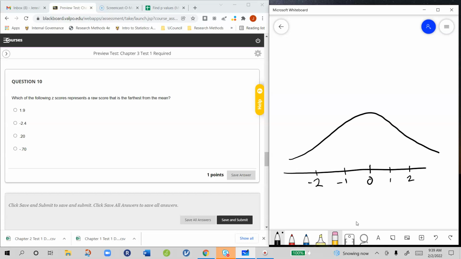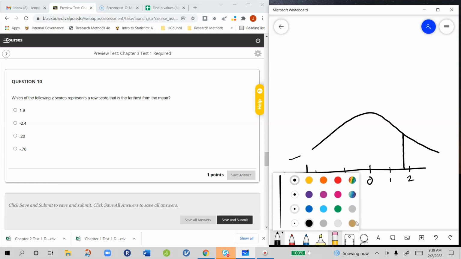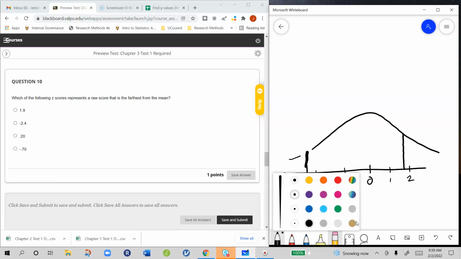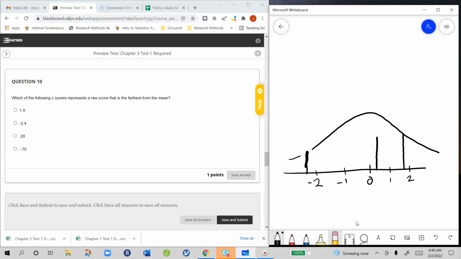So 1.9 would be right here, negative 2.4 would be over here, 0.20 would be here, and negative 0.70 would be around here, right? So our negative 2.4 would be the score that is the farthest away from the mean.